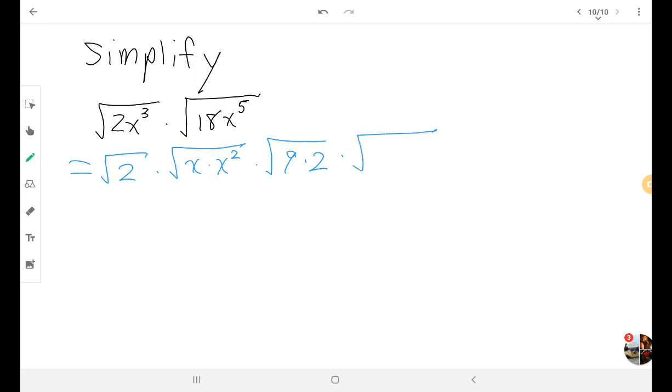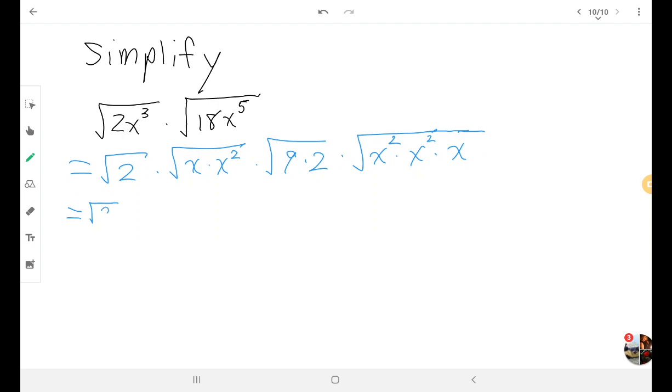So I'm going to separate that into as many x squareds as I can. So there's x squared, that's 2 x's. And another x squared will be 4 x's, and then I've got one more x for x to the 5th. And then I'm going to pull everything apart a little bit more and get one more good look at it.